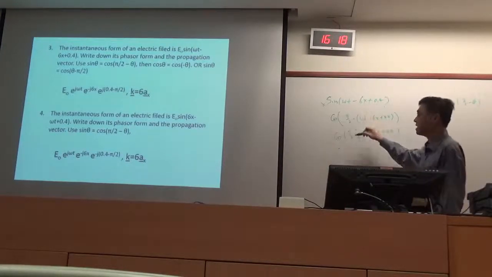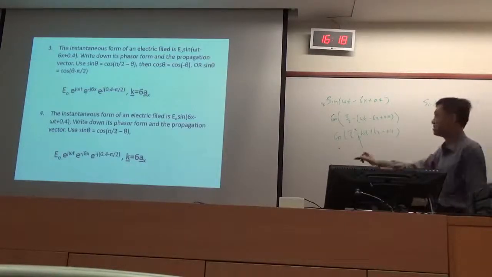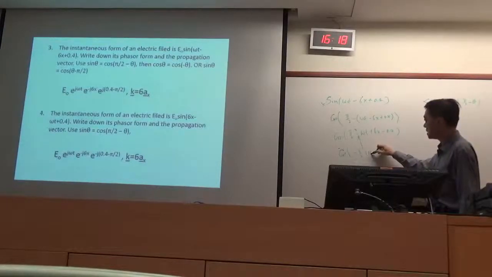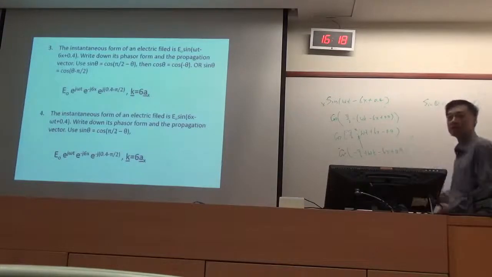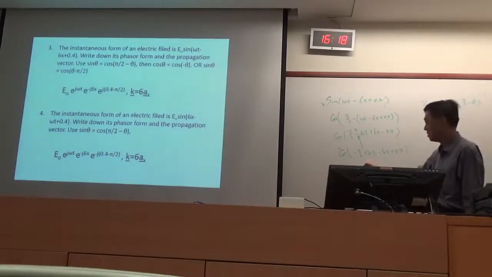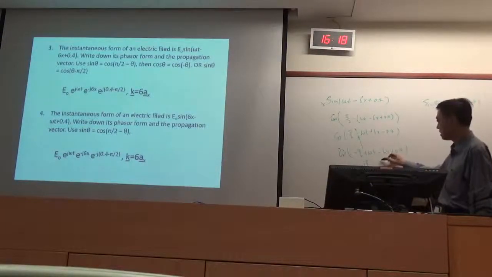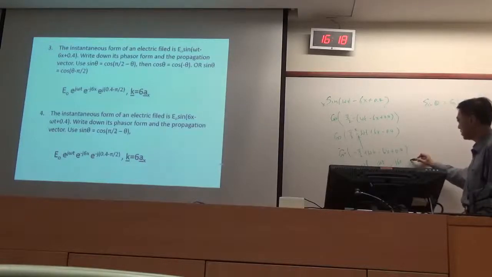You cannot have negative here. So you use cosine theta equals cosine minus theta, and it becomes cosine(-pi/2 + ωt - 6x + 0.4), and now you are home. So it is e^(jpi/2) e^(jωt) e^(-j6x) e^(j0.4).